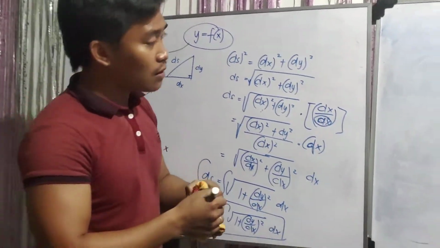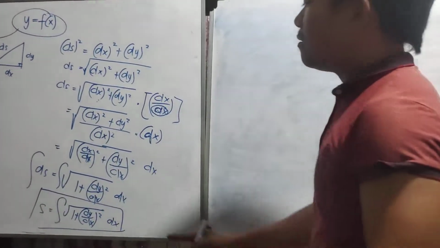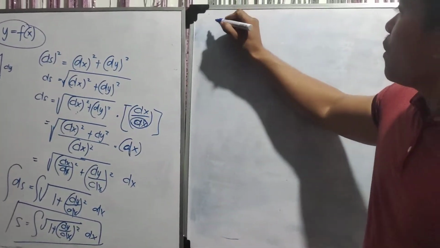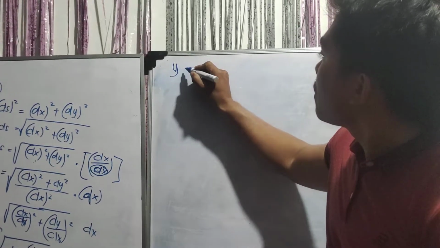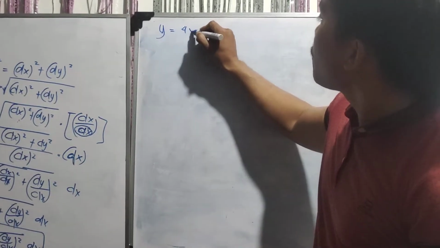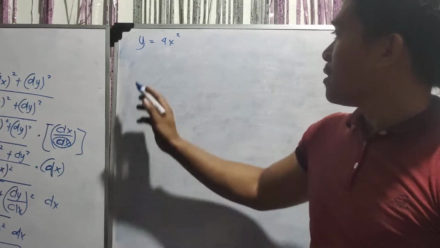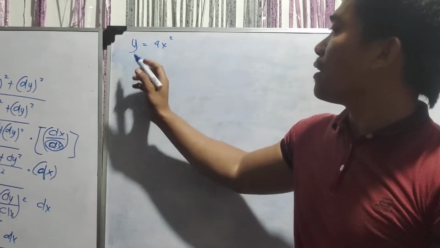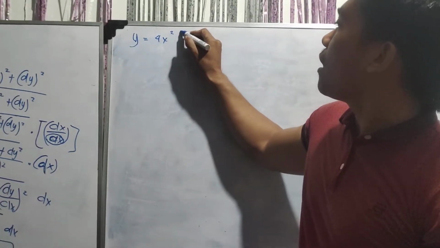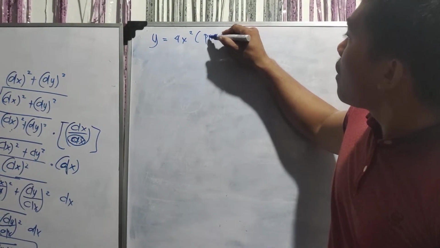Now, for example, let's say you have a function y is equal to 4x squared. So this equation or function is just the equation of a parabola.